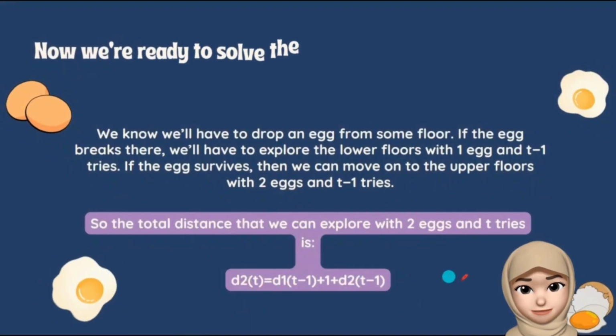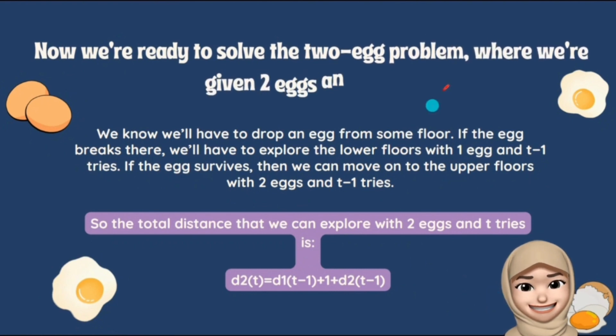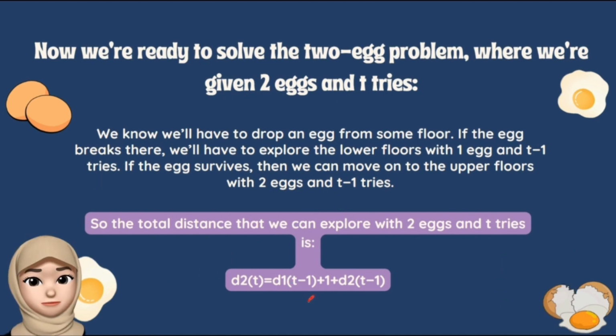Okay, now we are ready to solve the two-egg problem, where we are given two eggs and T trials. We know we have to drop an egg from some floor. If the egg breaks there, we have to explore the lower floors with one egg and T minus 1 trials. If the egg survives, then we can move to the upper floors with two eggs and T minus 1 trials.